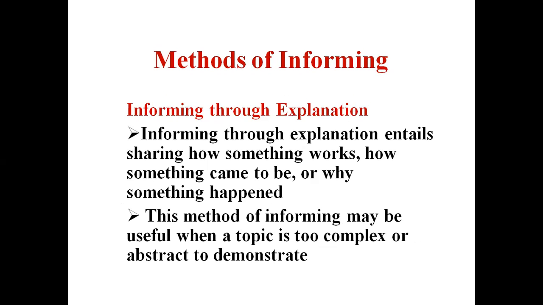Information through explanation entails sharing how something works, how something came to be, or why something happened. This method of informing may be useful when a topic is too complex or abstract to demonstrate.